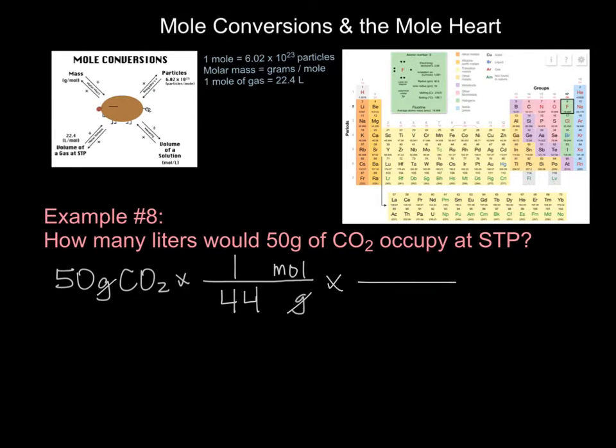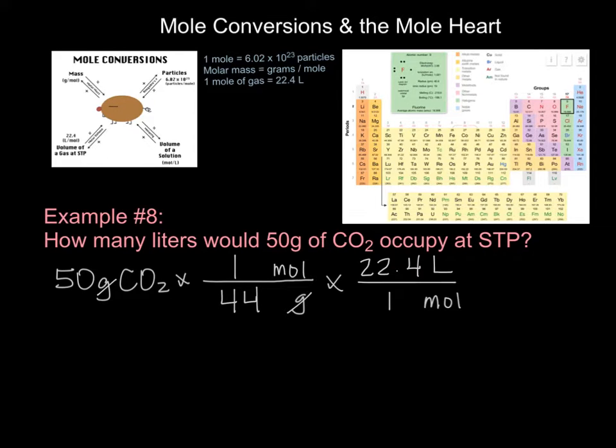So now I'm left with moles, but I need to get rid of my moles because I need to be in liters. So my moles go on the bottom, and on my mole heart, I'm right here in the middle. And I need to get to my volume, so I need to use my molar volume. So my moles on the bottom, my liters on the top, and my molar volume states that 1 mole of gas has a volume of 22.4 liters, always, as long as it's a gas.